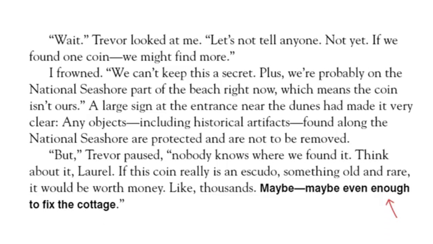Any objects, including historical artifacts, found along the national seashore are protected and are not to be removed. But, Trevor paused, nobody knows where we found it. Think about it, Laurel. If this coin really is an escudo, something old and rare, it would be worth money, like thousands. Maybe even enough to fix the cottage.